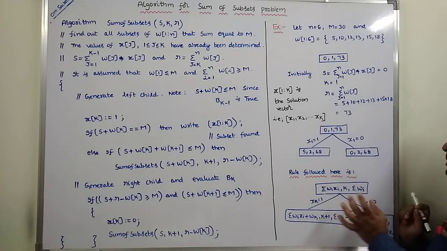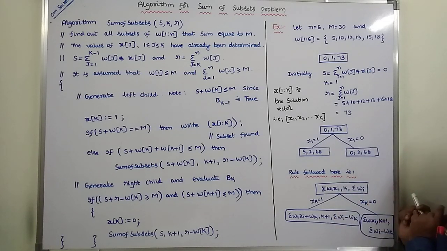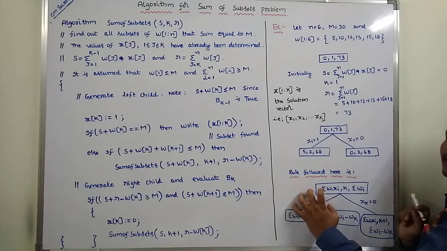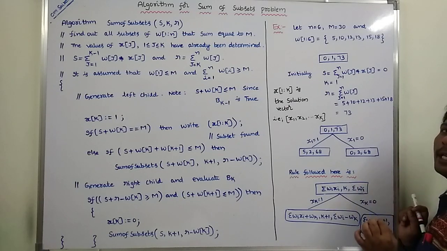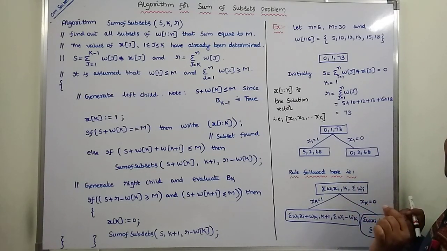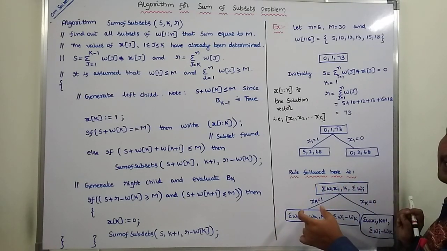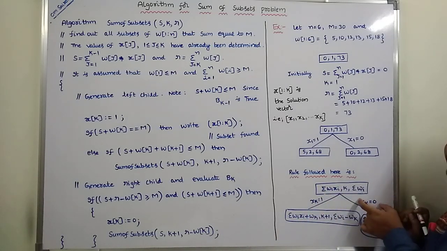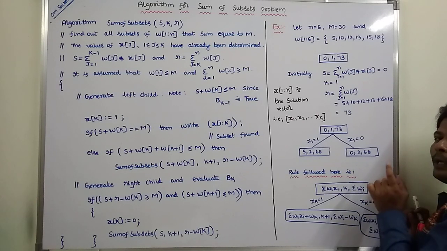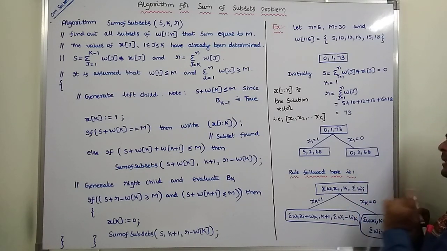Next, the right child, x suffix k is equal to 0. This is the left child and this is the right child. The left child is x suffix k is equal to 1, where we consider the kth object. Here x suffix k is equal to 0, we do not consider the kth object.